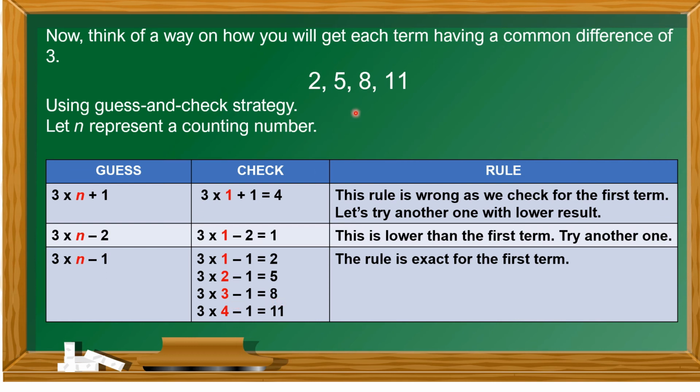So it is the same as the third term, which is 8. And the last one, we have 3 times 4 is 12, minus 1 is 11. Therefore, the nth rule of this sequence 2, 5, 8, and 11 is 3 times n minus 1.